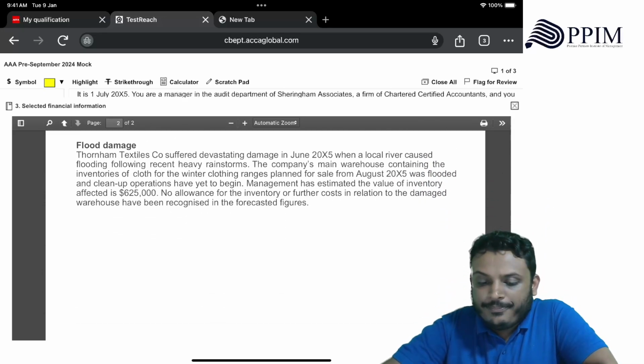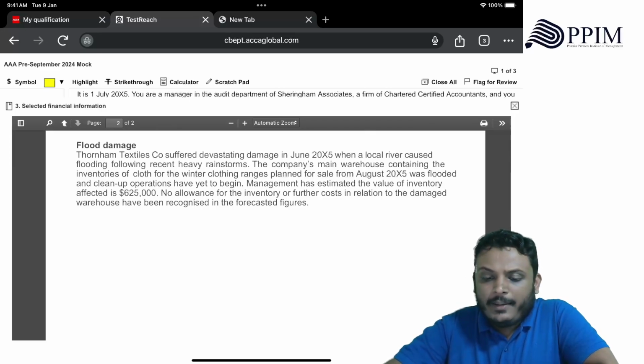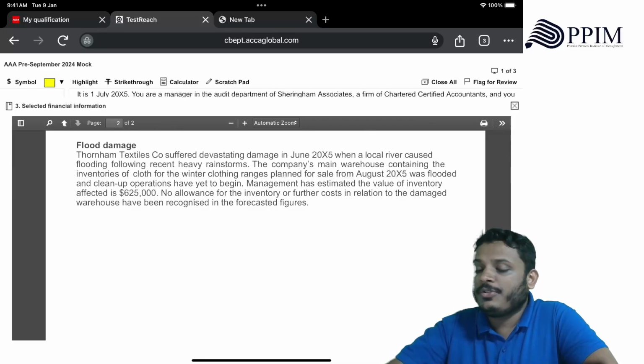Flood damage. See here, Tonham Textiles Company suffered devastating damage in June 2005 when a local river caused flooding following recent heavy rainstorms.